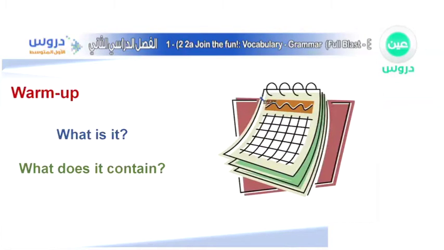That's a calendar which you usually use to put the things that you are going through in your month or through the whole year. For example, if you have a meeting, you put it over here, and if you're going to have a vacation, you put it on the same day that you're going to have the vacation, and so on. What does it contain? I guess we have already spoken about it.